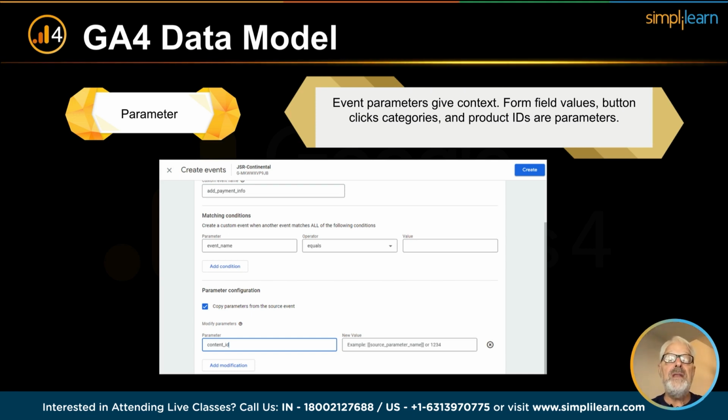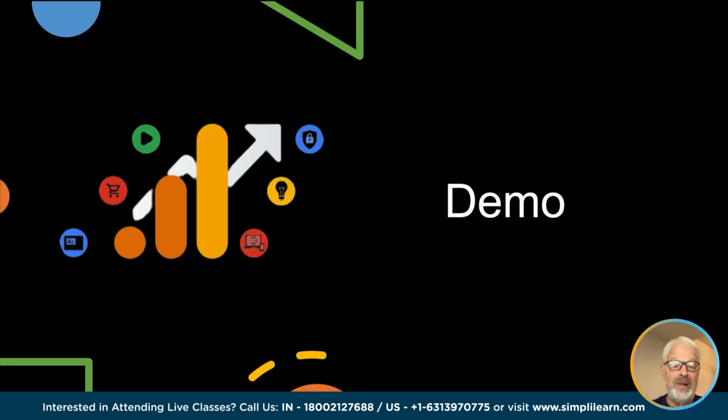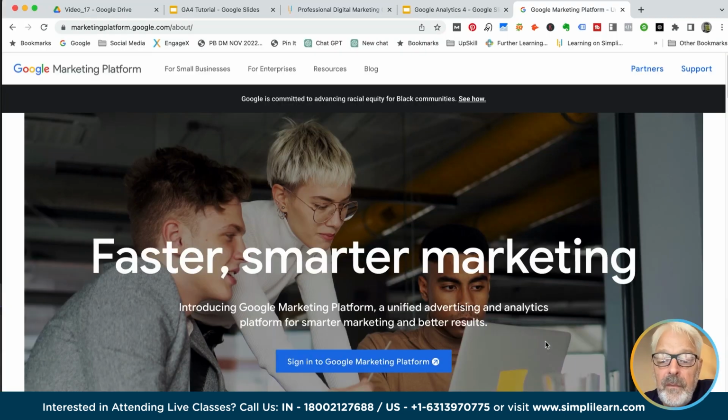Okay, so enough about the theory. Let's go and have a look at Google Analytics 4 in more detail by giving you a demo of the most important functionality of it. The best way to access Google Analytics 4 is through marketingplatform.google.com/about.